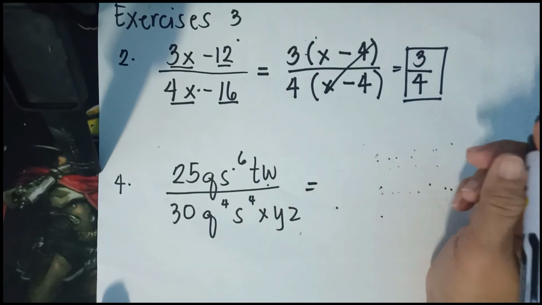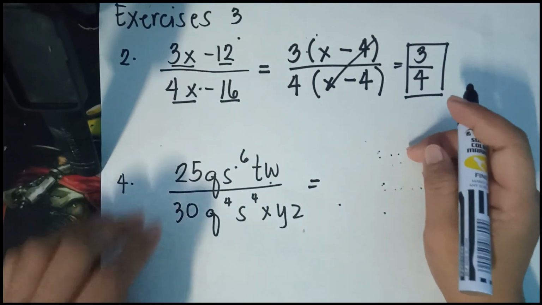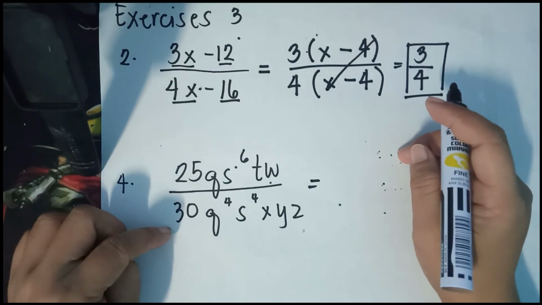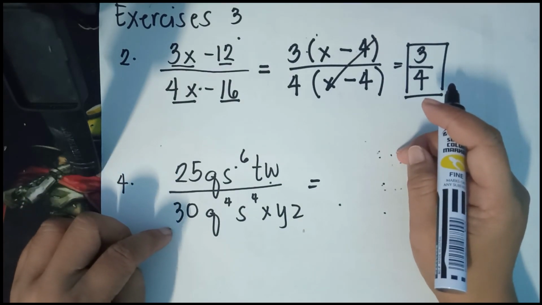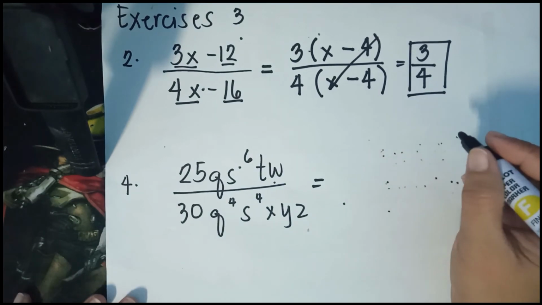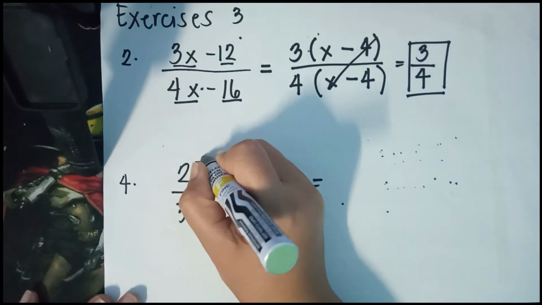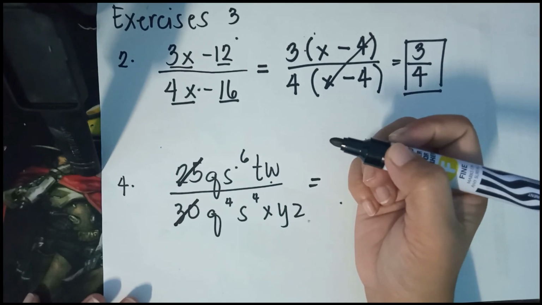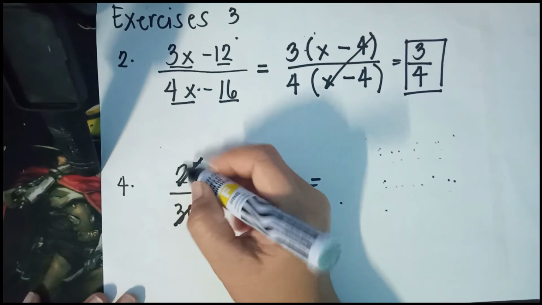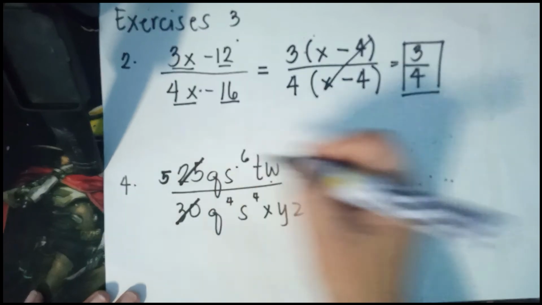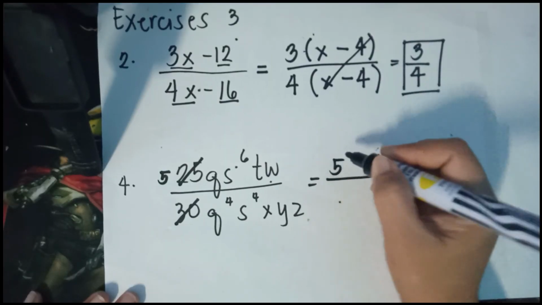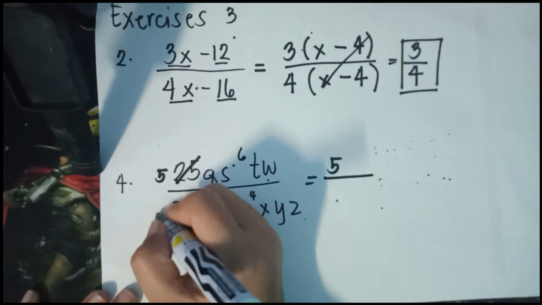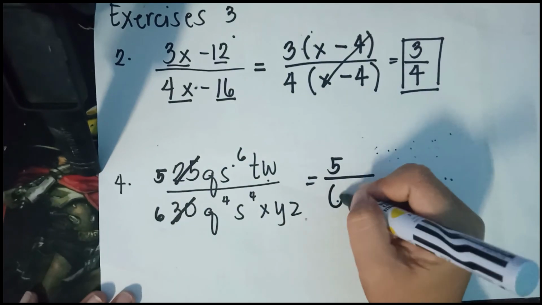Next, number 4. Since the numerator and denominator are both monomials, then we can use cancellation. 25 and 30, the common factor is 5. 25 divided by 5, that is 5. Next, 30 divided by 5, that is 6.